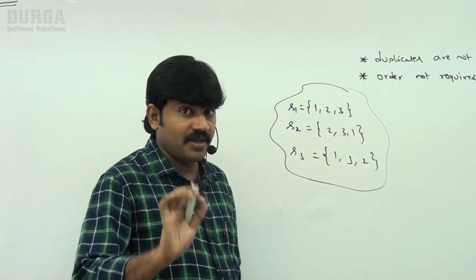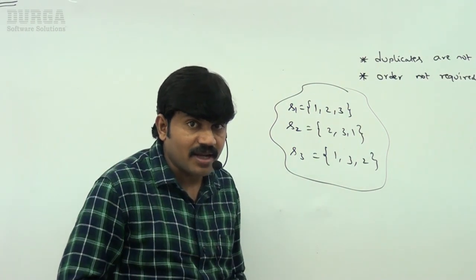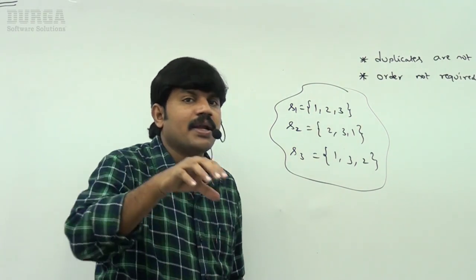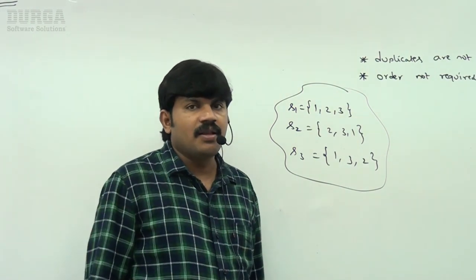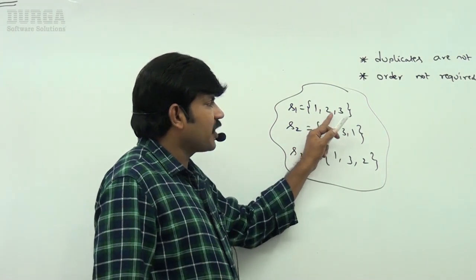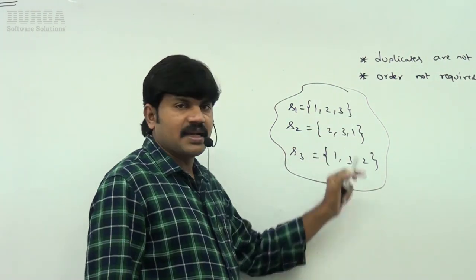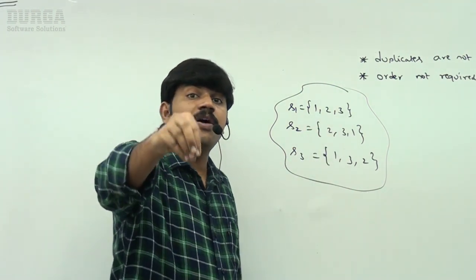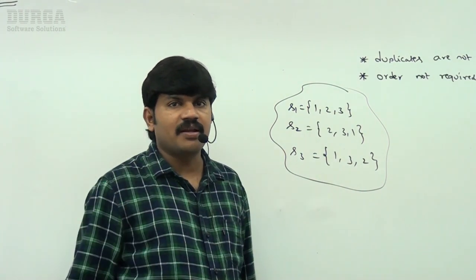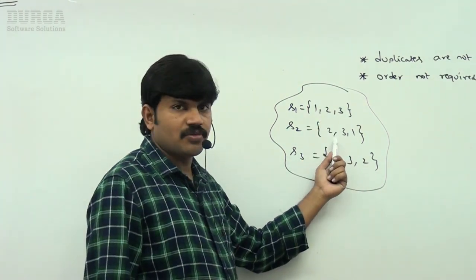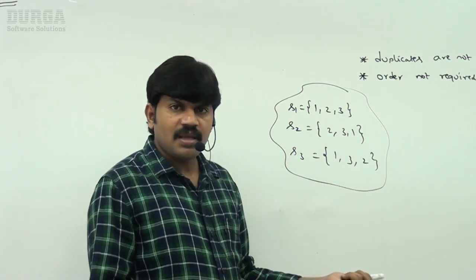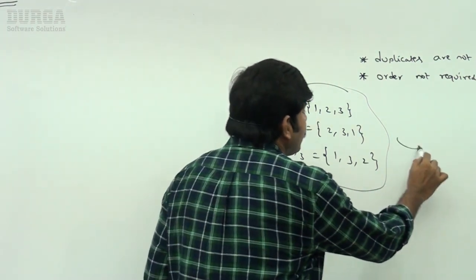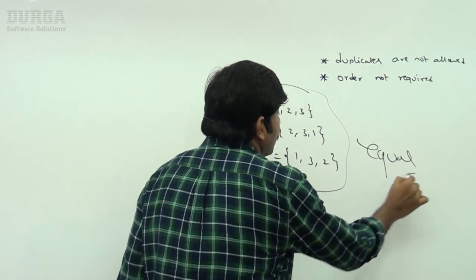In normal mathematics set theory, how can you tell two sets are equal? All elements present in the first set should be present in the second set, irrespective of their order. We are not required to worry about order. Here 1, 2, 3, here 2, 3, 1, here 1, 3, 2, the same elements only. That's why all these sets are equal.